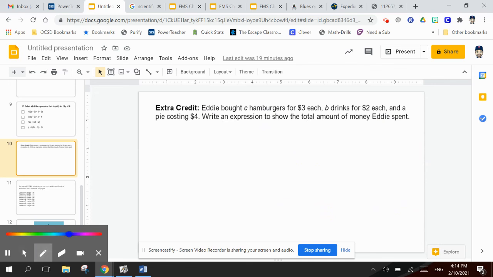In the extra credit, it says Eddie bought C hamburgers for $3 each, B drinks for $2 each, and A pie costing $4. Write an expression to show the total amount of money Eddie spent. Well, I know that hamburgers are $3 each. I don't know how many he bought, so I have $3 times C to find out how much he spent on hamburgers.